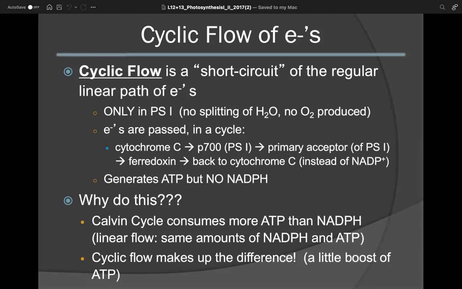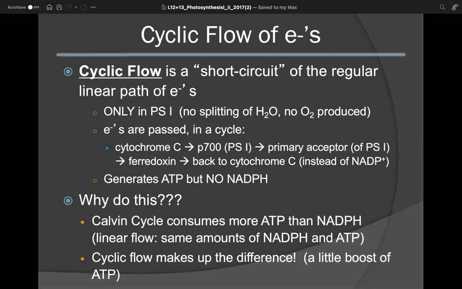So electrons are passed in a cycle. We go from cytochrome C to P700 to the primary acceptor to ferredoxin, remember, another electron transport chain, and then back to cytochrome C instead of to NADPH.